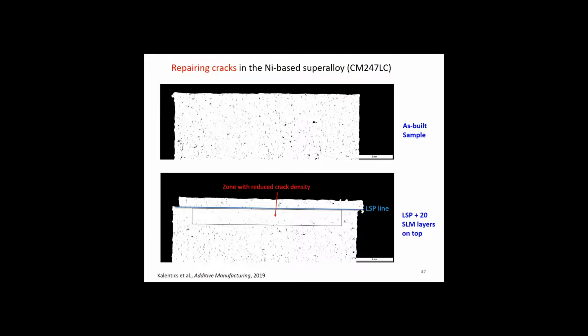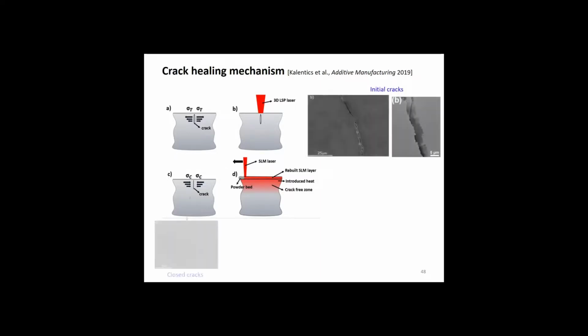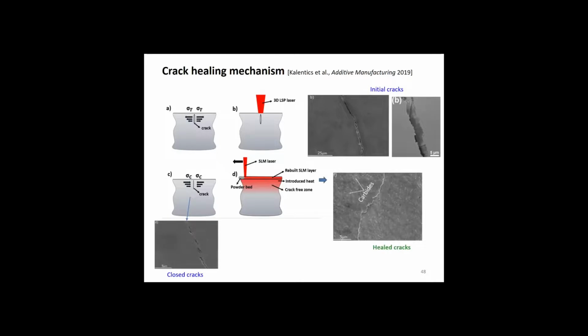And when you add more material, you add more heating. This time you have compressive stresses underneath, they are no longer tensile, and then you add heat on top. What we have shown in such a case is that if you're close to the zone where you had more heat, then you are able to completely metallurgically heal the cracks, in combination with the compressive stresses.